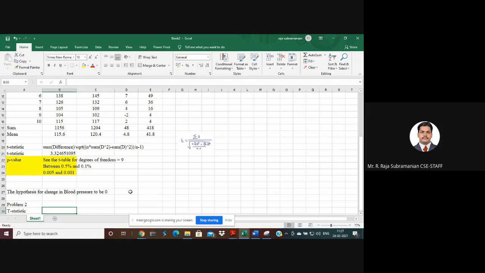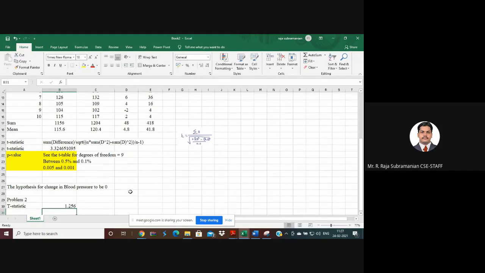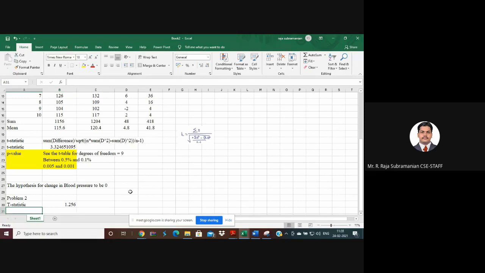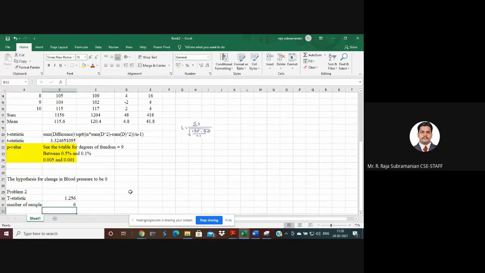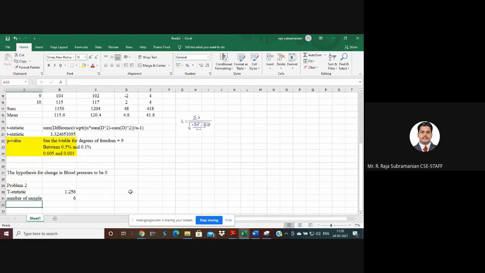The t statistic value is 1.256, and the number of samples will be 6. Now you find the p value. What is the p value for this? How to find it? If you say so, I'll show the t table. n minus 1 will be 5, sir.